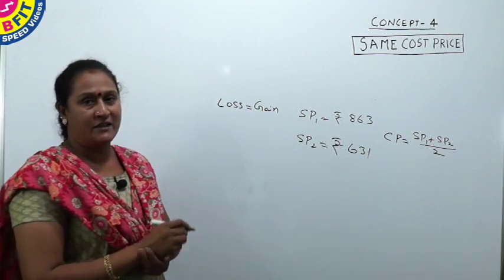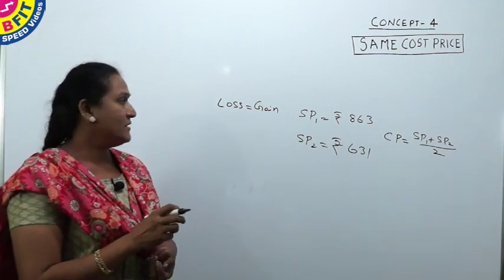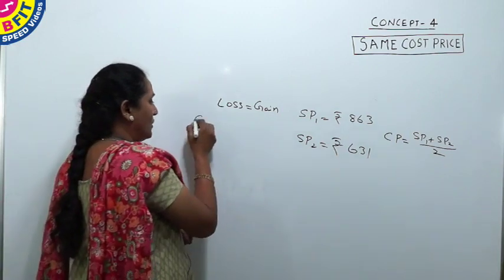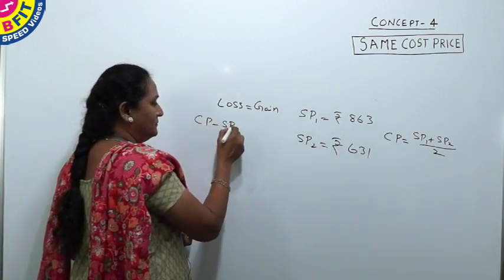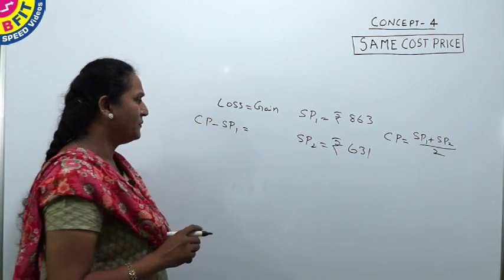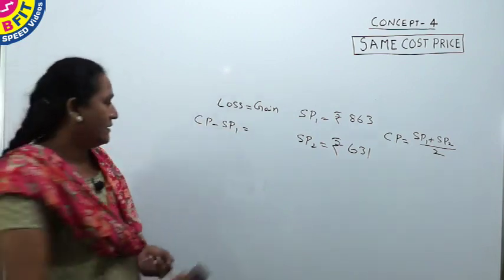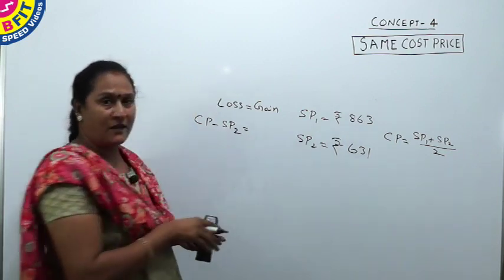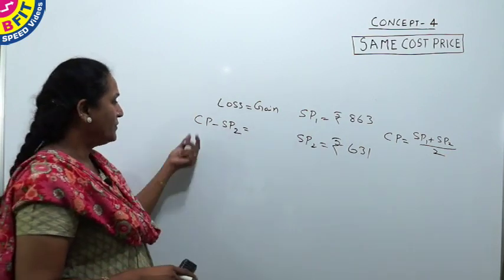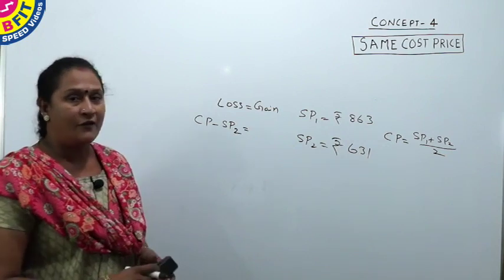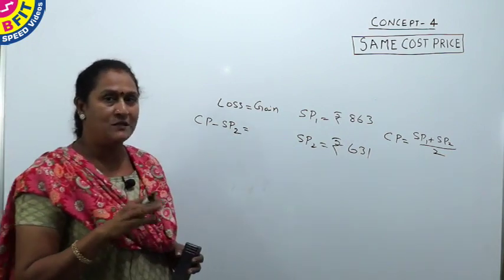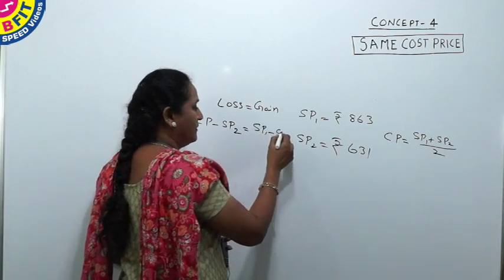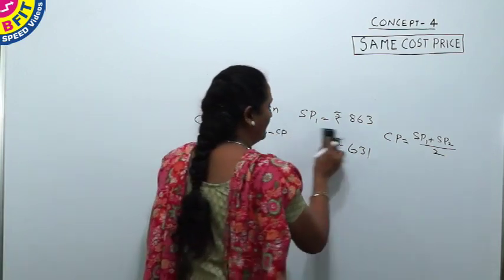And when loss is given, how will we write it? It is the difference between cost price and selling price. So loss is cost price minus selling price. Here we take the selling price which gives loss as SP2, so CP minus SP2. And for gain, we take selling price minus cost price, so it is SP1 minus cost price.